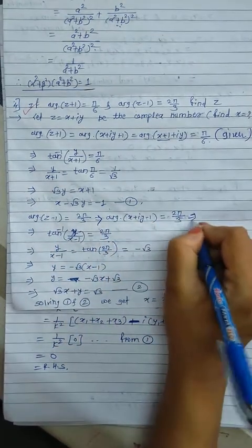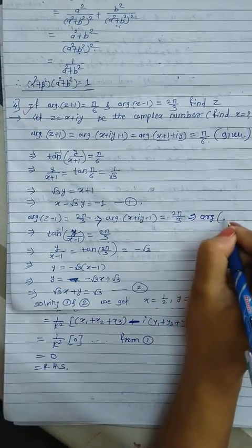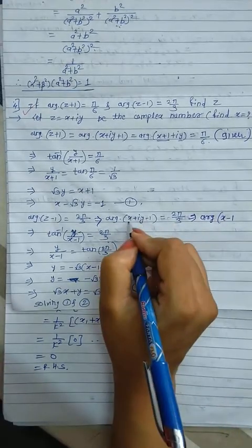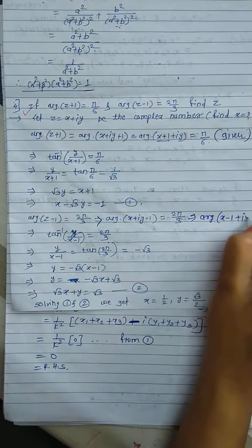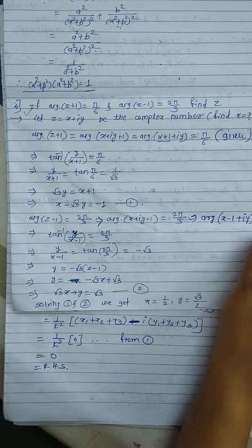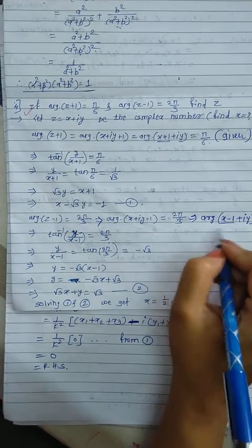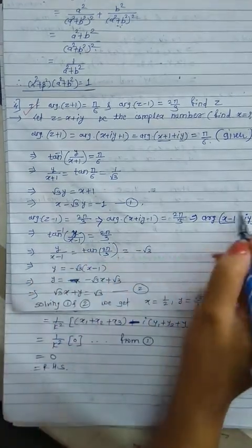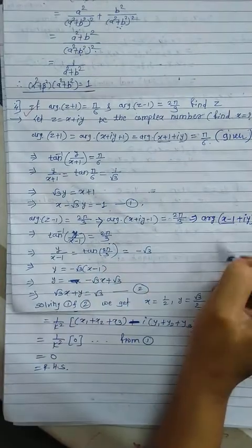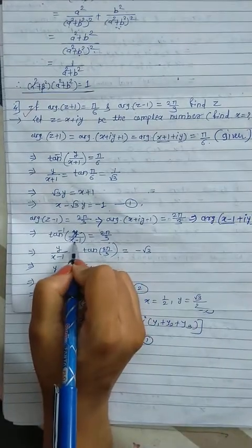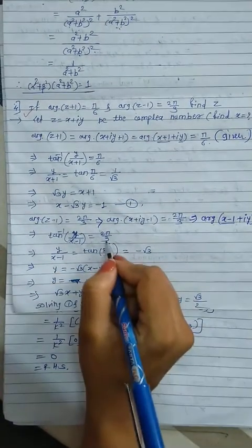Here again do the same thing: the argument of x minus 1, collect the real part, plus iy is equal to 2 pi by 3. This is the real part, this is the imaginary part. Therefore the argument, that is the theta value of this, becomes tan inverse of y upon x minus 1 by theory, which is equal to 2 pi by 3.